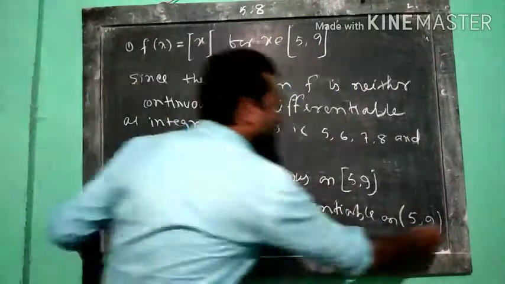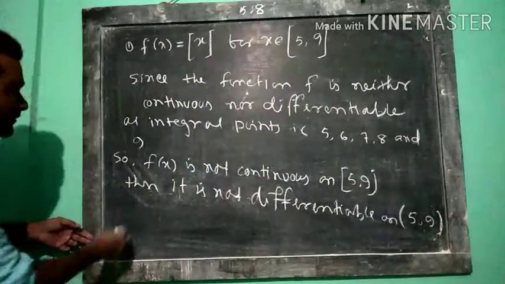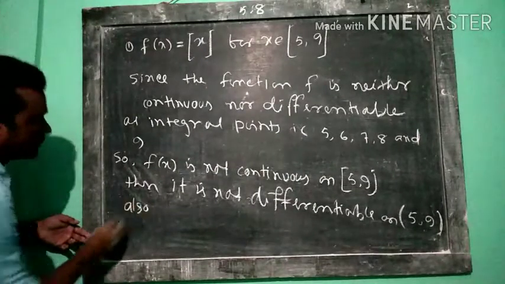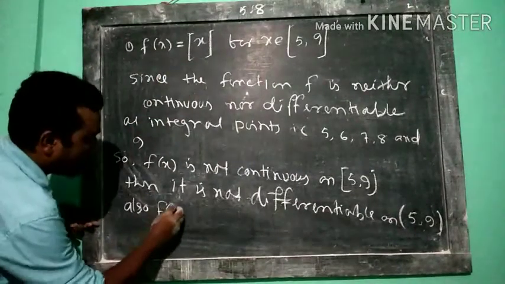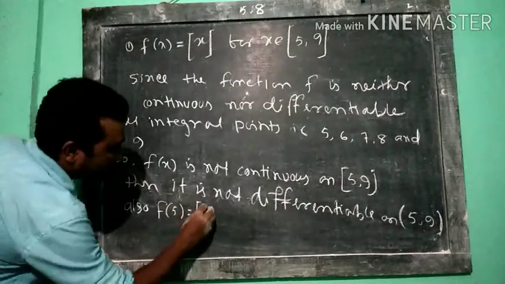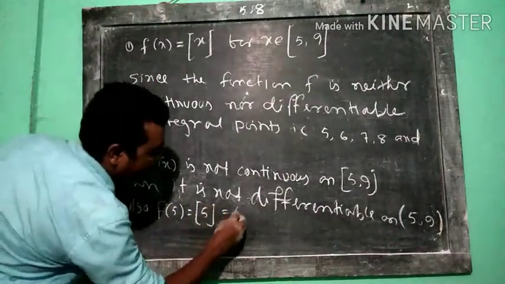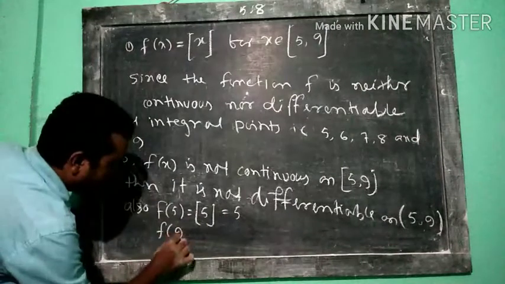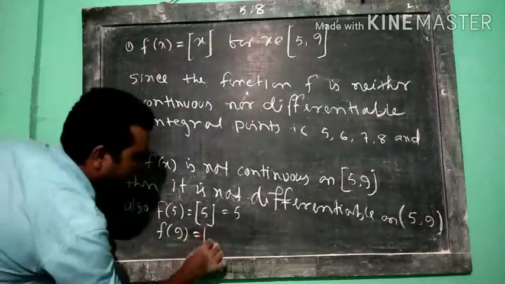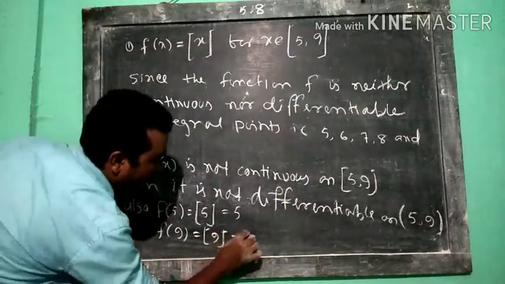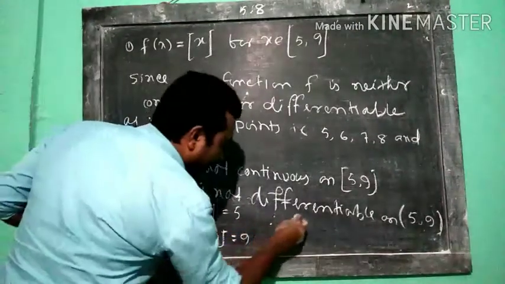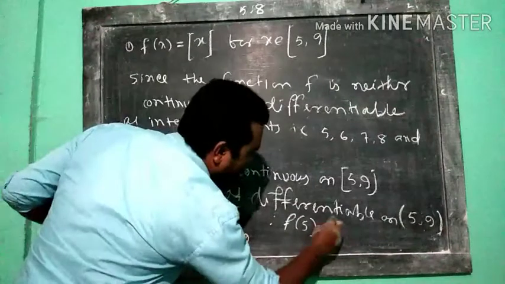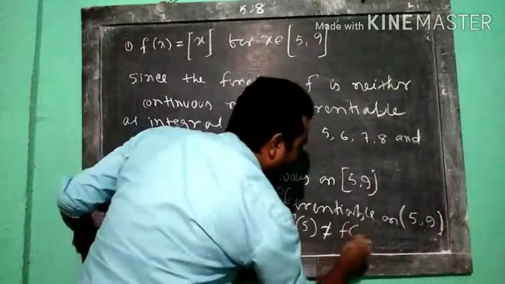Also, f(5) equals the greatest integer of 5, which is 5, and f(9) equals the greatest integer of 9, which is 9. Therefore f(5) is not equal to f(9).